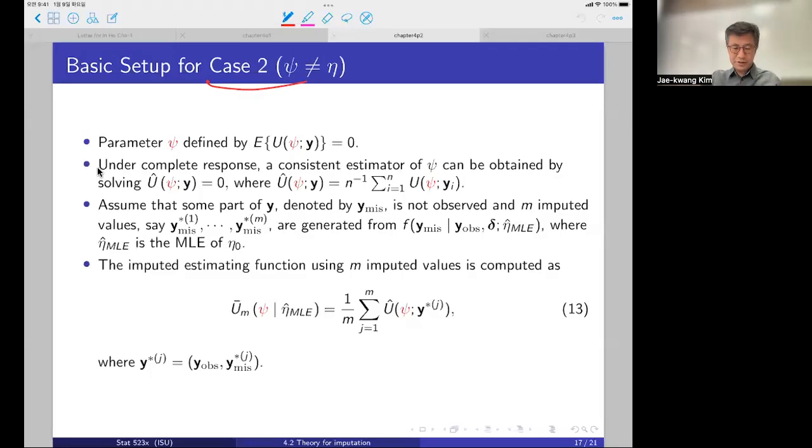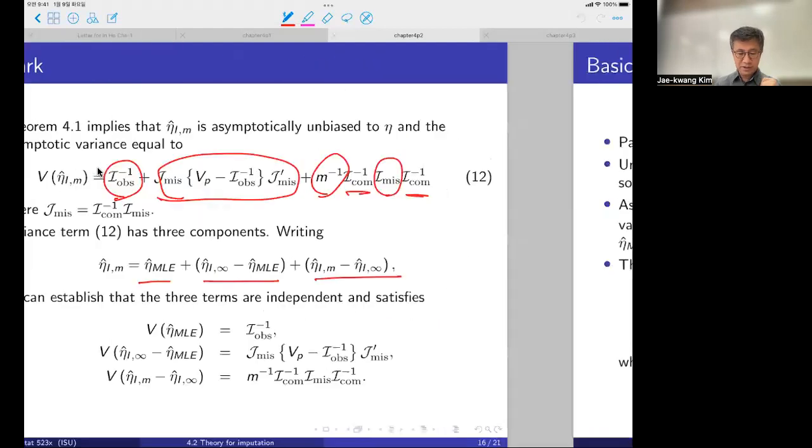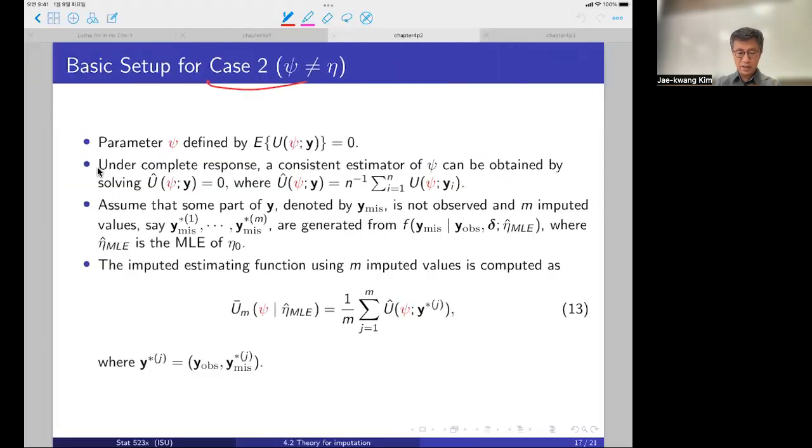Okay, today we'll continue. Previously we covered case one, where the parameter of interest is eta. Basically, we were interested in estimating eta for the model, where we have a parametric model.